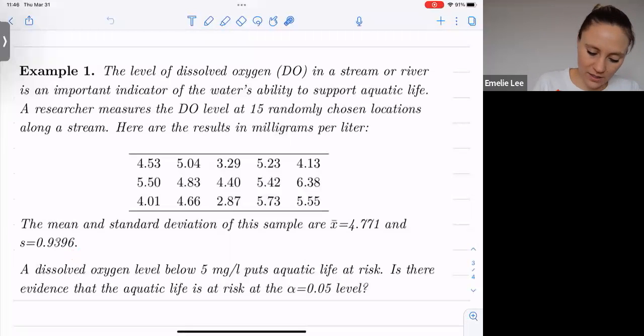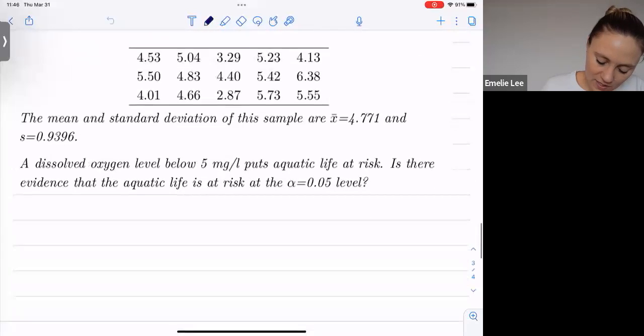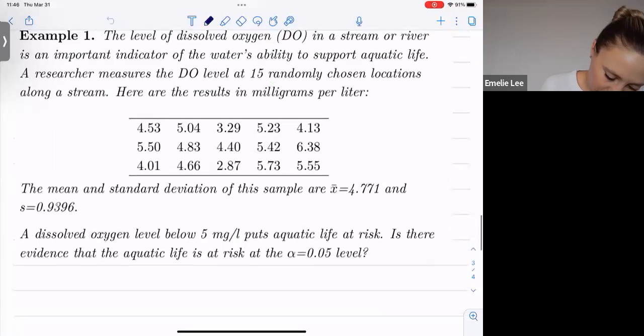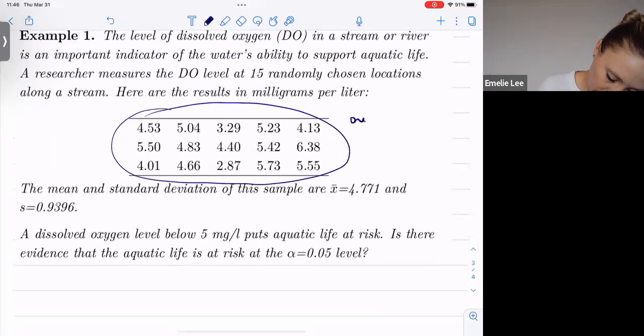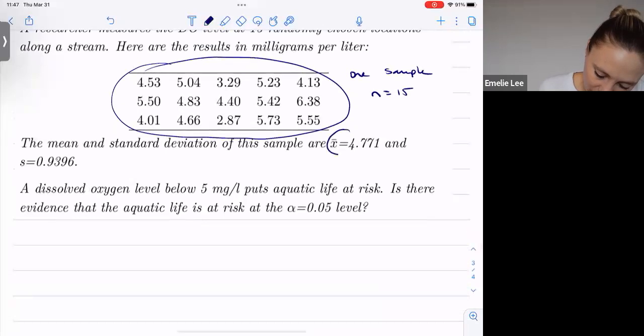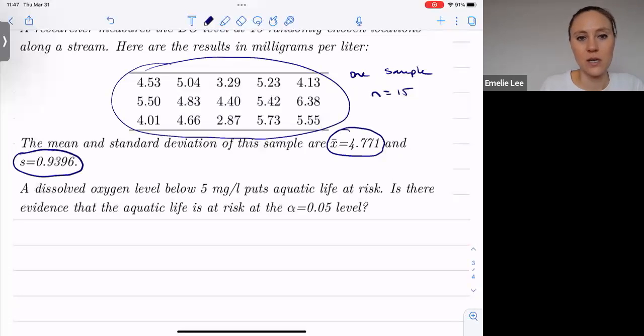And so here, I've got one sample, and the N is 15. And I have one sample mean and the standard deviation, right?